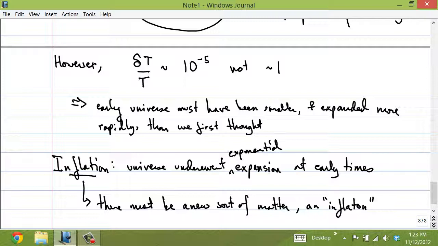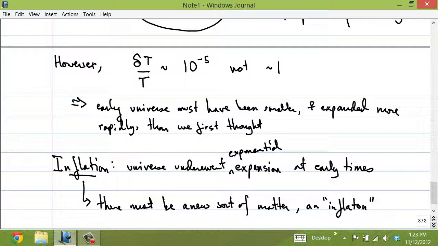Not only does it explain the horizon problem, but it makes very, very specific predictions for the size and nature of the fluctuations in the cosmic microwave background. These predictions were understood quite well in the 80s and 90s, and then the recent generation of satellite experiments has confirmed them with remarkable accuracy. Okay.